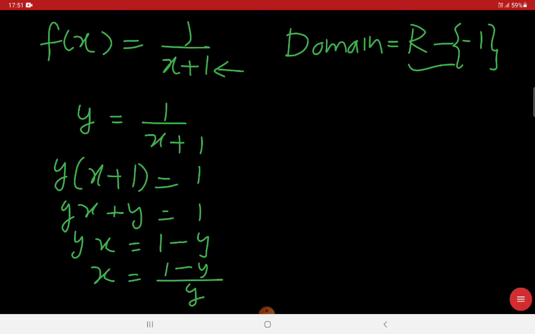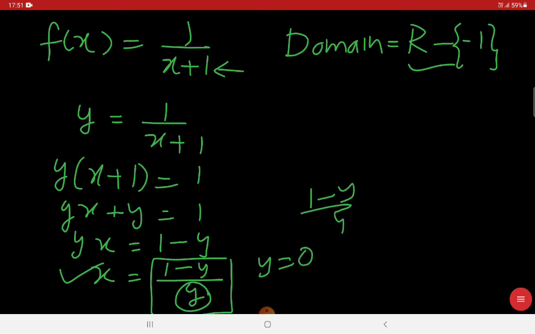Now you just see the right side. It is again a rational form. And check for which value of y that x value is not defined. See here the denominator y. If you put y is equal to 0, this 1 minus y by y is not defined.